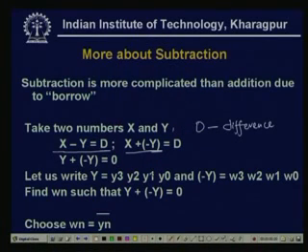Now, if I replace x by y, that means if x equals y, then y minus y means the difference should be 0. If I arrange this expression again, this should be y plus of minus y equal to 0.